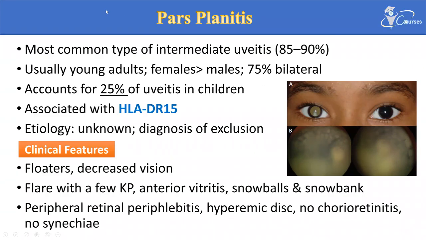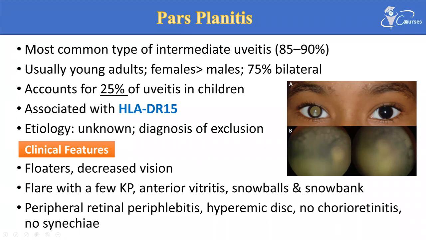It's also worth mentioning that pars planitis accounts for 25% of uveitis in children. It has an HLA association, which is HLA-DR15, and doesn't have any known etiology. It is unknown, so it is a diagnosis of exclusion.